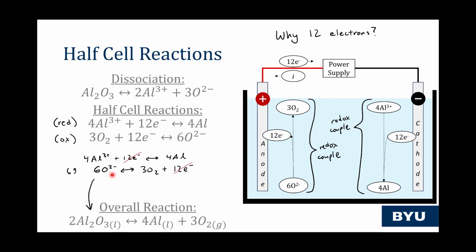And when we do that, one way you can do it is by flipping that reaction around, which gives you aluminum 3 plus and O2 minus, which is a dissociated form of alumina. And then we also have our oxygens here and our alumina as a product of the reaction. And you'll notice here that the electrons cancel out. So everything's balanced because we've been able to cancel out the electrons successfully.